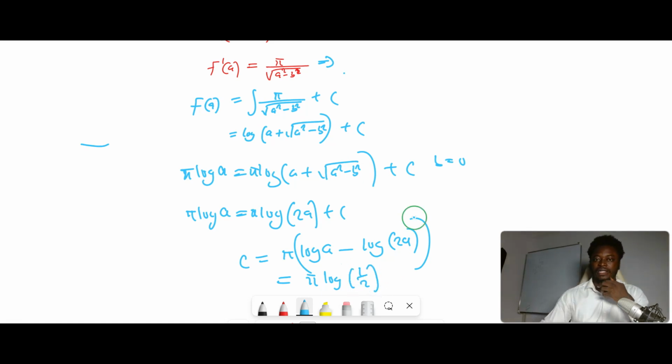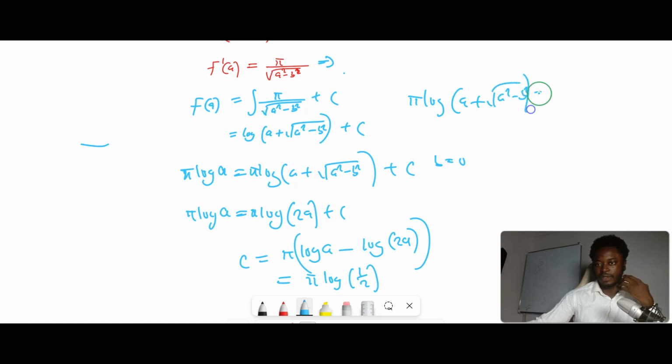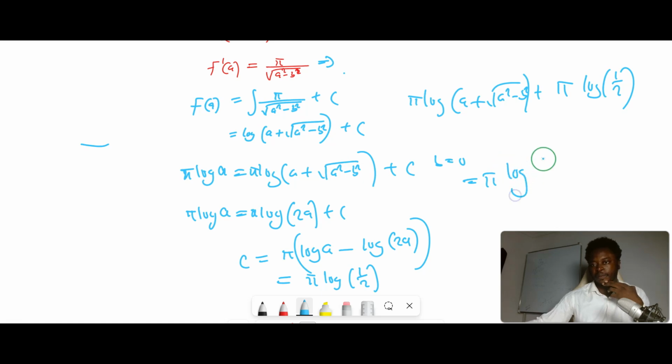Okay, so essentially f of a would be pi times the logarithm of a plus the square root of a squared minus b squared, plus pi times the logarithm of a half, which is just pi times the logarithm of a plus the square root of a squared minus b squared, all divided by 2.